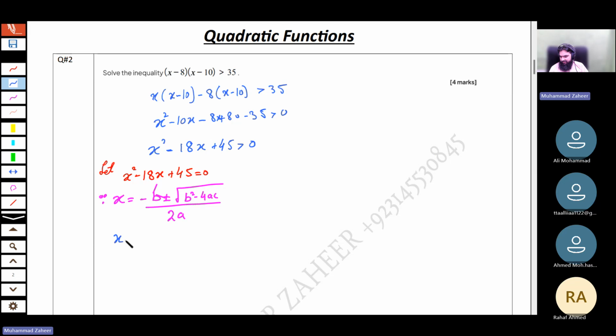So the b value is minus 18, plus minus square root of minus 18 square minus 4ac, divided by 2a.